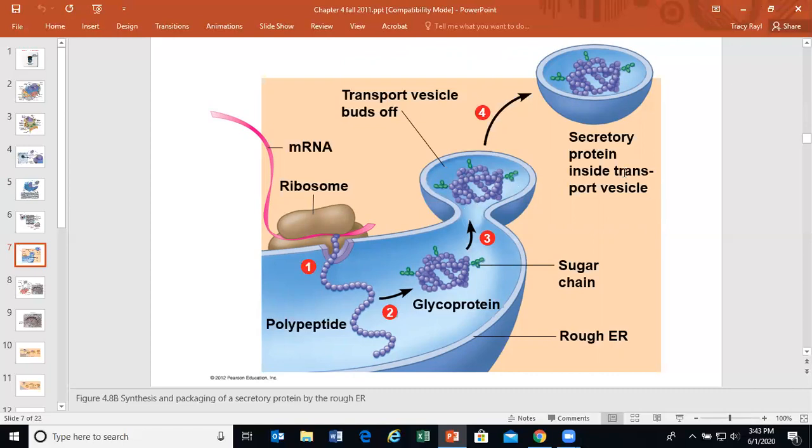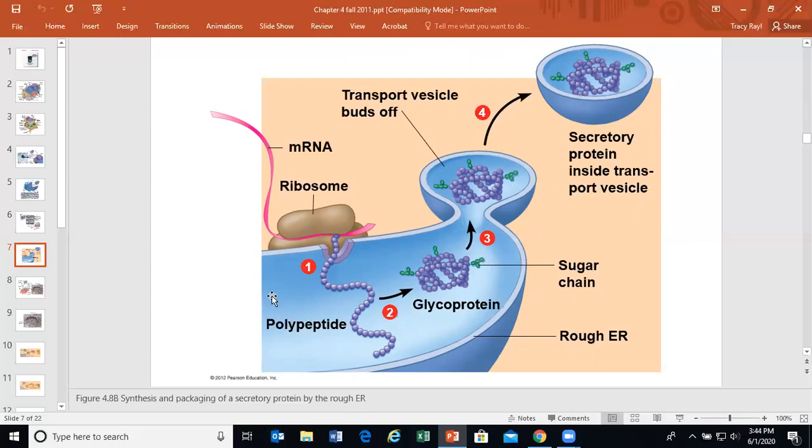So here you can see we're referring to it as a transport vesicle, but literally all it is is a plasma membrane sac that was pinched off of the rough ER around that protein. That transport vesicle now is going to take that protein to its next destination. The smooth ER does the same thing with lipids. It'll pinch a piece of itself off around that product from the smooth ER, that lipid, and send it off in a transport vesicle to its next destination.